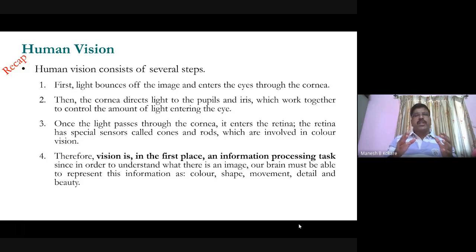So vision first takes place in the retina, and then there is an information processing task in order to understand what is in an image. Our brain must be able to represent this information, such as color, shape, movement, details and other aspects of that scene. In this way, our human vision system works.